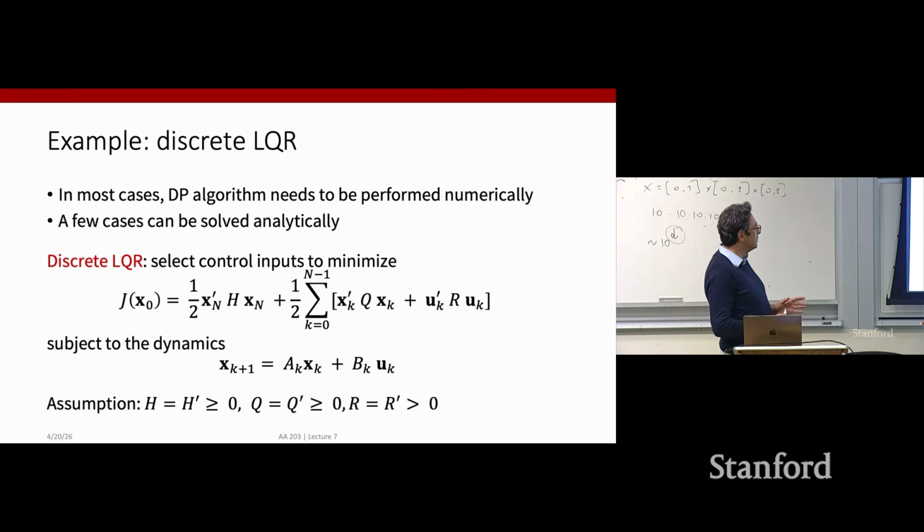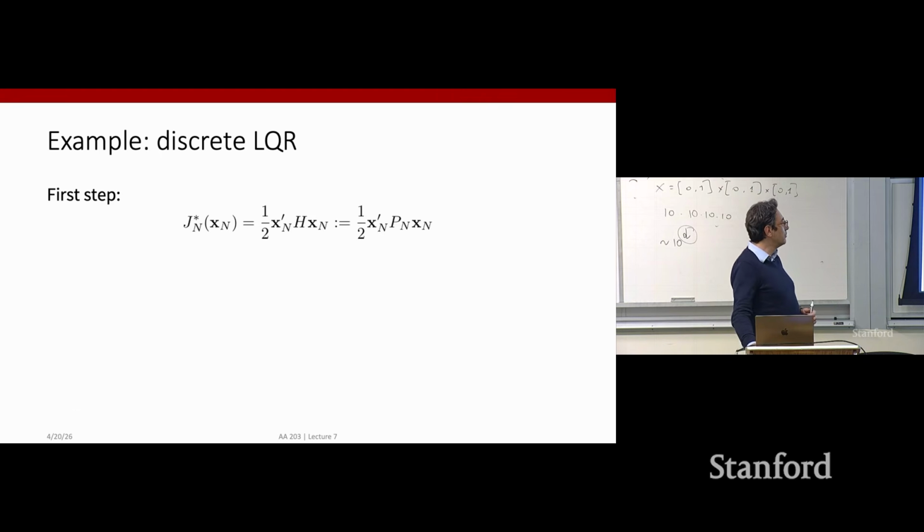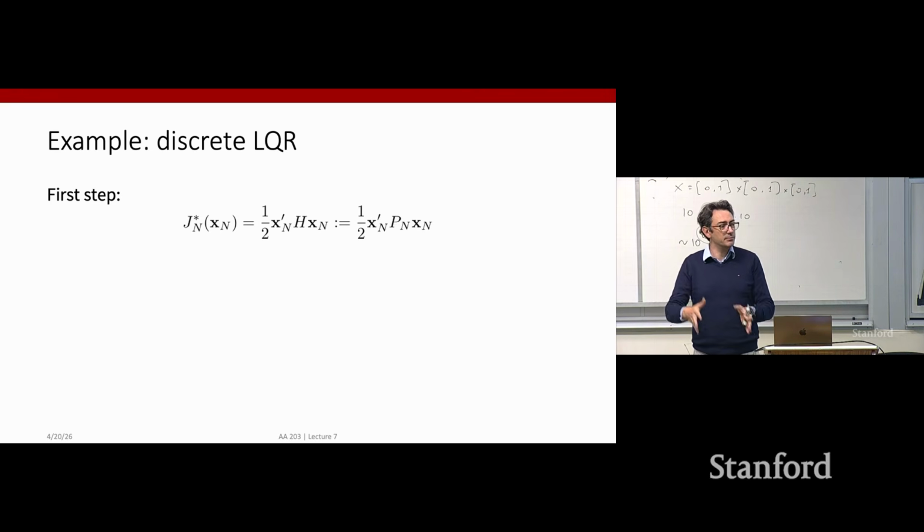Why? We are exactly in the setting of dynamic programming. We have a discrete-time equation, and we have a cost that is additive, which means we can solve the problem with dynamic programming. How does it work? Well, there is not much cleverness that goes into the solution. You start with a boundary condition, basically the cost at the end.